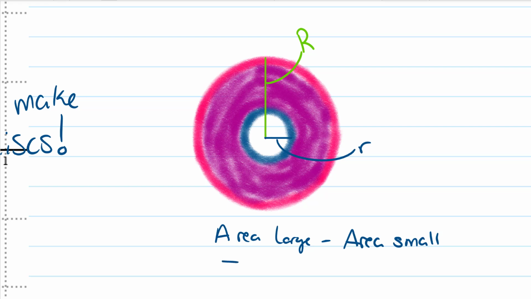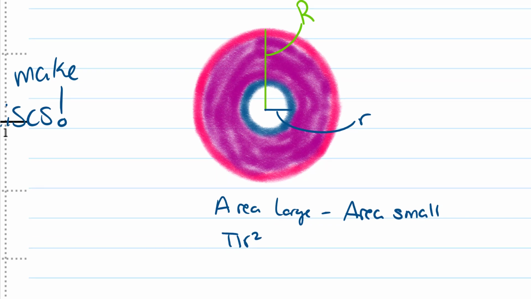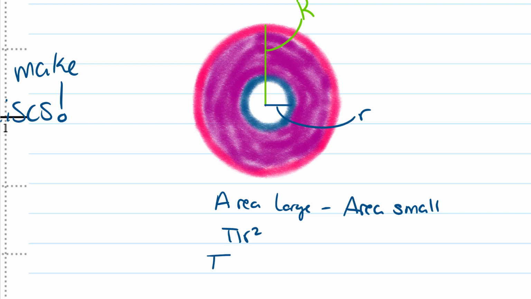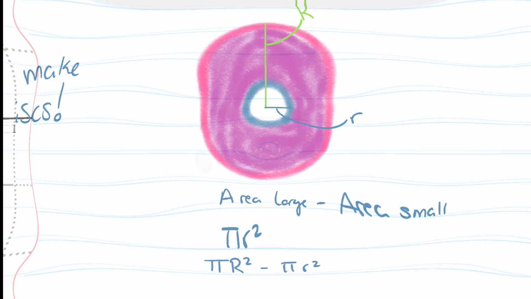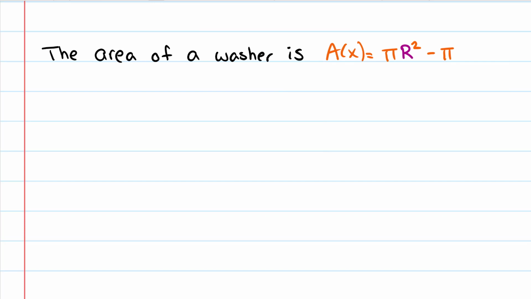Since the area of a circle is pi r squared, the total area would be pi times capital R squared minus pi little r squared. And that would give me the area of each washer. The area of a washer, A of x, is equal to pi capital R squared minus pi times little r squared.